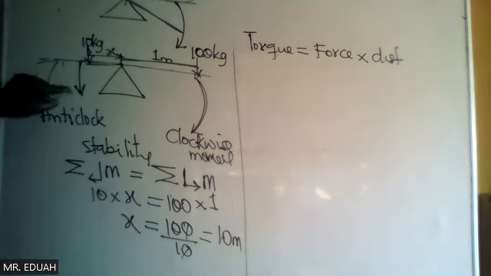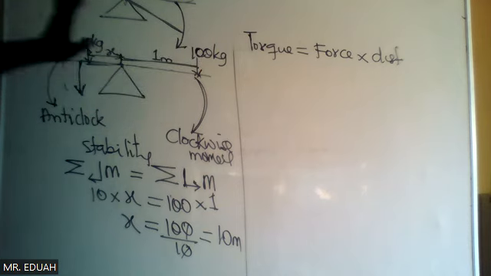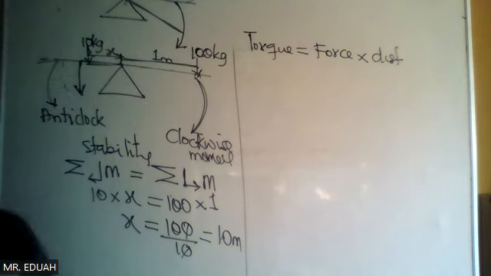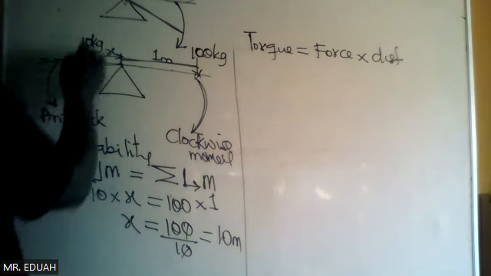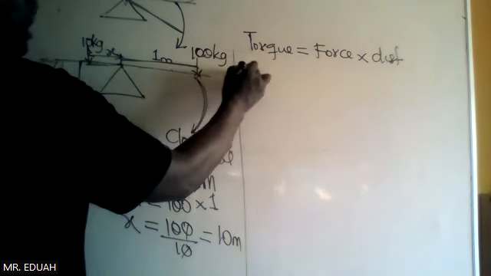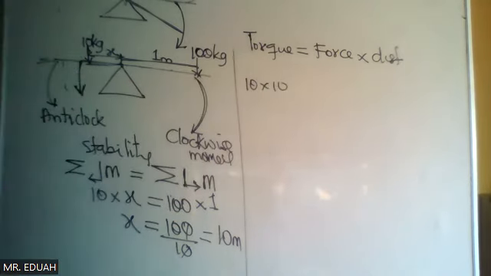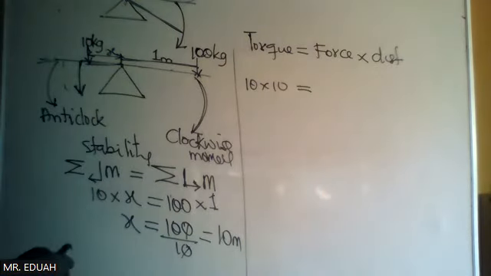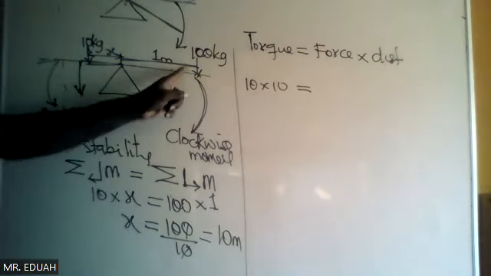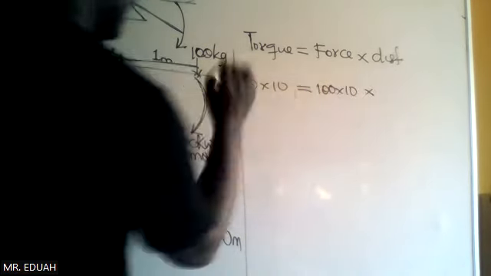Usually, if I have masses on the bar, there's no need of me converting them to forces first. Look, this is 10 kilogram. If I convert to force, meaning 10 times 10 meter per second squared, it must be equated to the other moment, the anti-clockwise moment, and this will be 100 times 10 times the perpendicular distance.